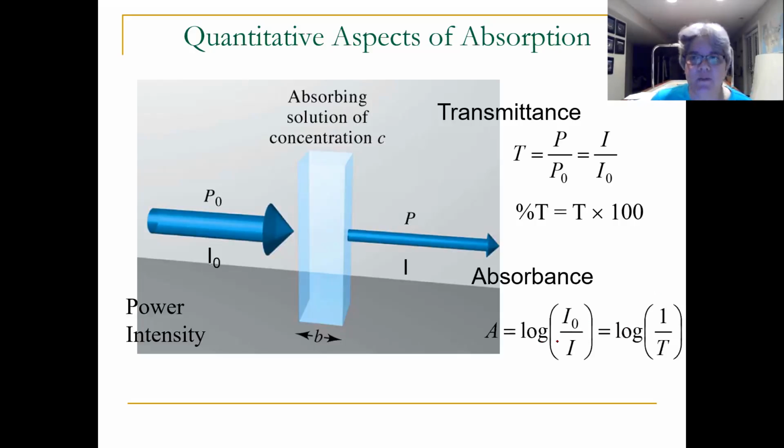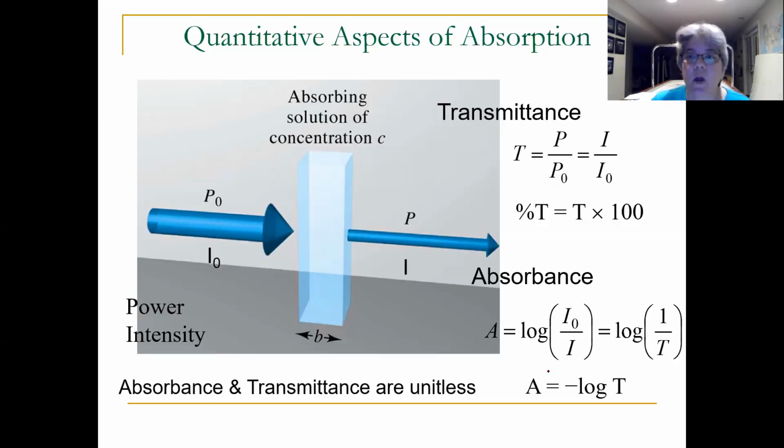It's the log base 10 of the initial intensity divided by final, which, notice up here, is the log of 1 over T. So absorbance is minus the log of T. Both of these numbers are unitless, because the units of P and P0 are the same, so they cancel. Or the units of I0 and I are the same, so they cancel.